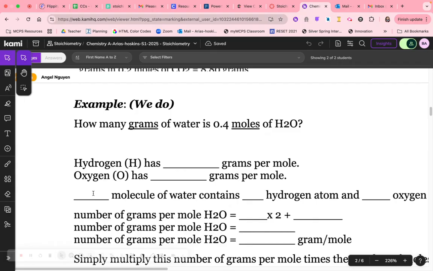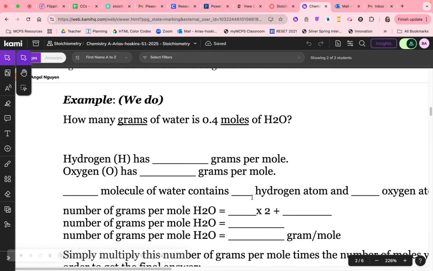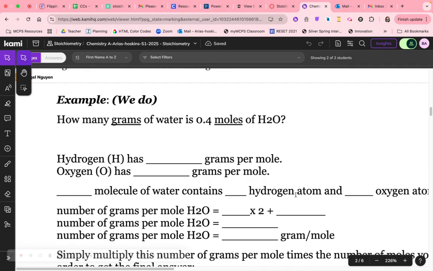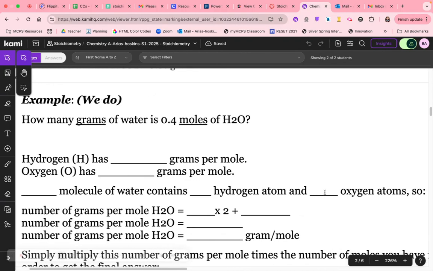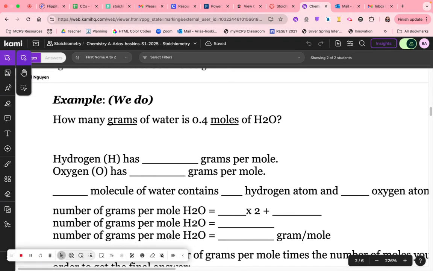A molecule of water, H2O, contains 2 hydrogen atoms and 1 oxygen atom. So the number of grams per mole should be 2 times 1.008 plus 16, because there's no other number after that O. It's only 1.